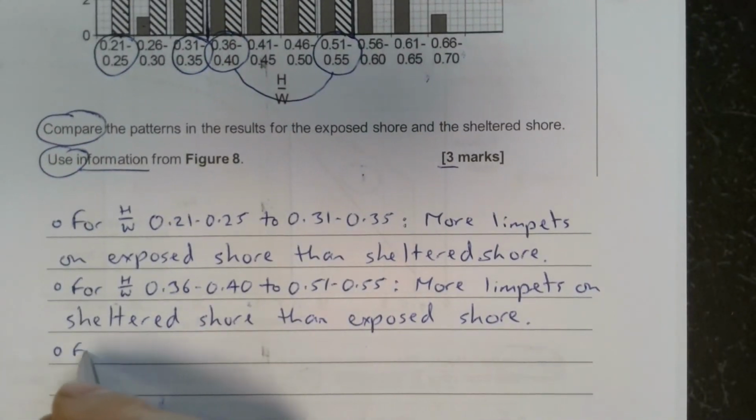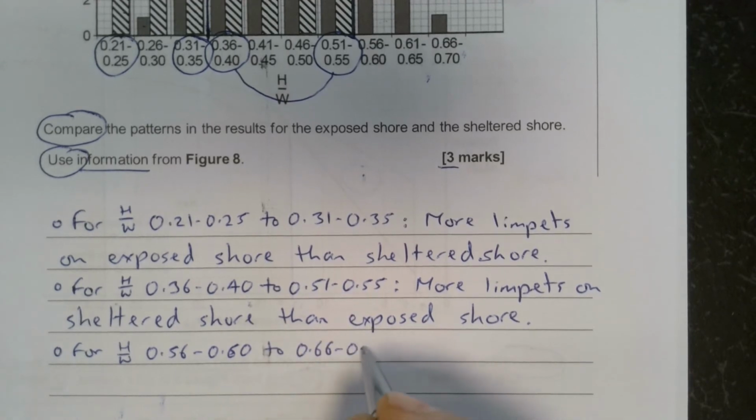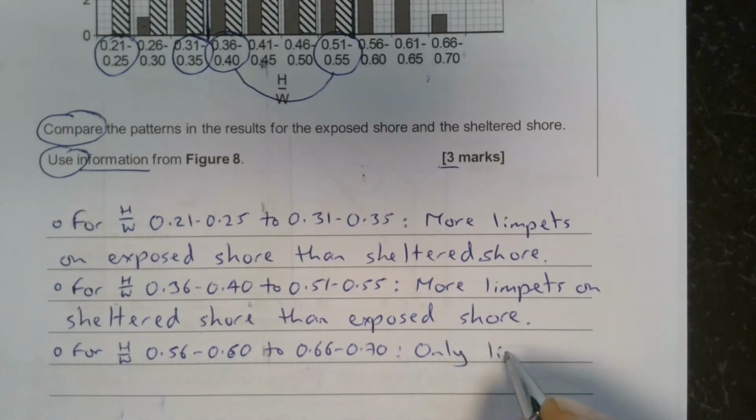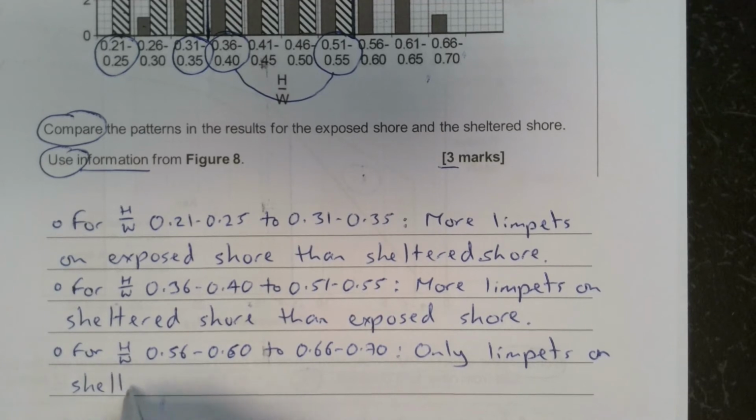For H over W 0.56 to 0.6, sorry, 0.6 to 0.66 to 0.70, there are only limpets on sheltered shore.